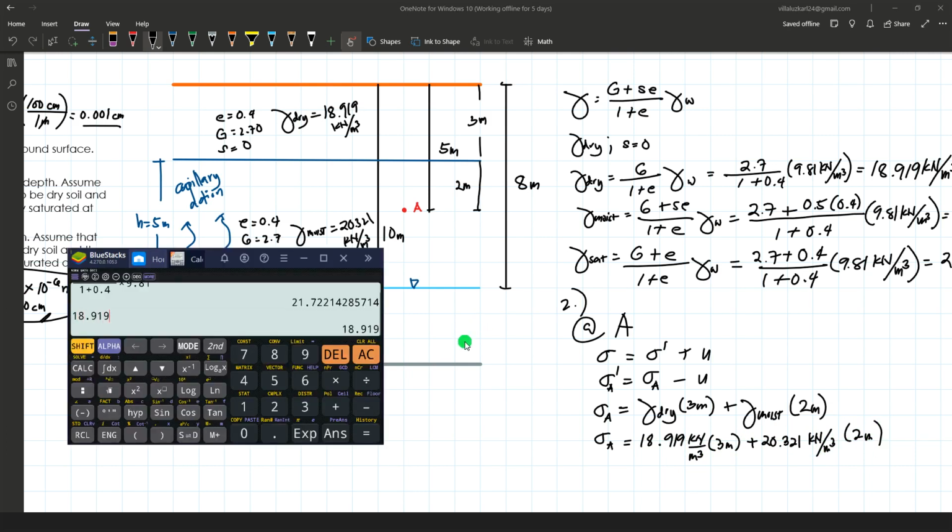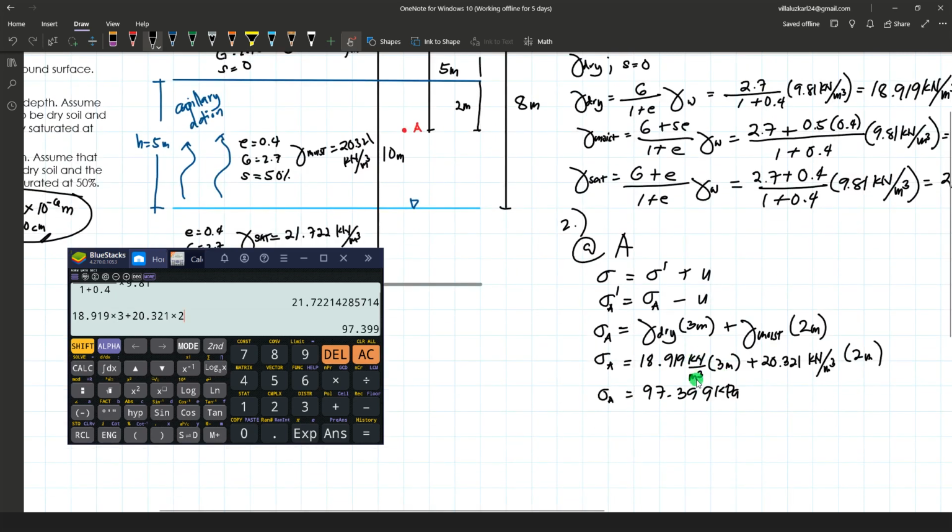So 18.919 multiplied by 3 plus 20.321 times 2. That's the total stress, 97.399. That's in kilopascal because we have a unit of kilonewton per square meter. Okay, so that's the total stress at A.